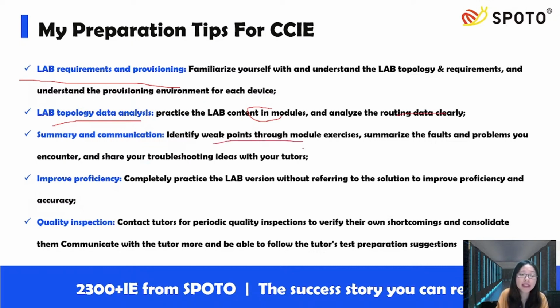Identify weak points through module exercises, summarize the faults and problems you encounter, and improve proficiency. Practice the lab version without referring to the solution, and do quality inspection. You can prepare for the CCIE according to these tips.